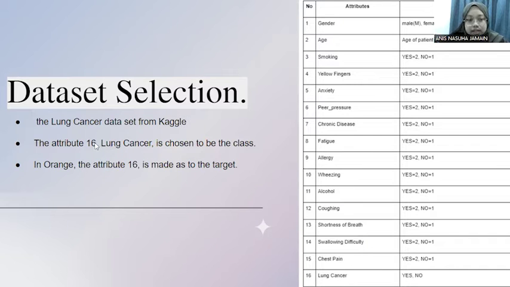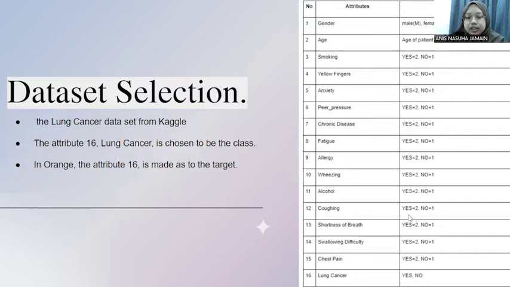So this dataset has 16 attributes, as we can see in the table here on the right. For gender, they have male or female, and then for age, it is in numeric, and for smoking, yellow fingers, anxiety, peer pressure, chronic disease, fatigue, allergy, wheezing, alcohol, coughing, shortness of breath, swallowing difficulty, chest pain, and lung cancer, we have yes or no, which is 1 for no and 2 for yes.